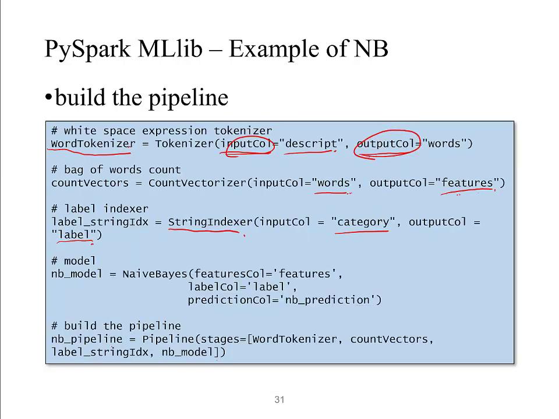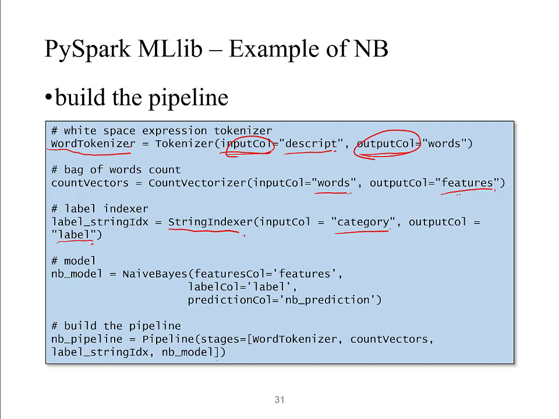This is essentially what the string indexer does. And as you can see, in this transformer, the input column is no longer the output column of previous transformers. It is actually a column in the original raw data frame.